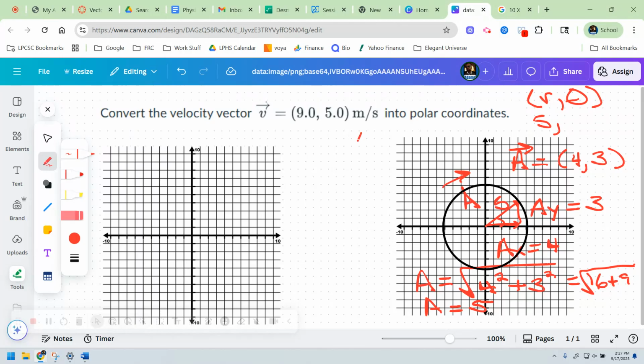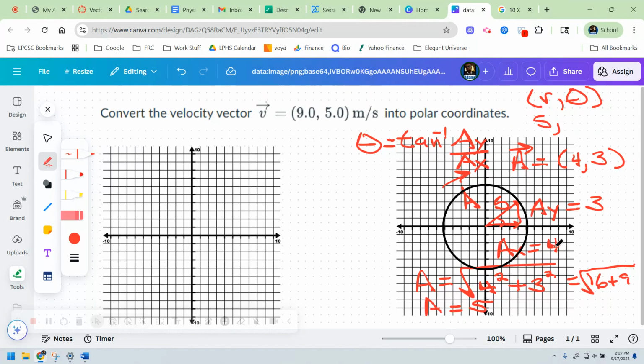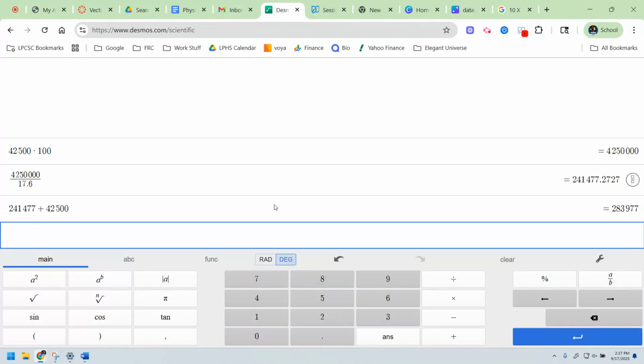Well, the angle theta in this particular case would be arctan of A sub x, or no, I'm sorry, A sub y over A sub x. And so that I would just plug into Desmos. I think I have Desmos up here. So that would be 3 over 4. So I go into Desmos, make sure I'm in degree mode.